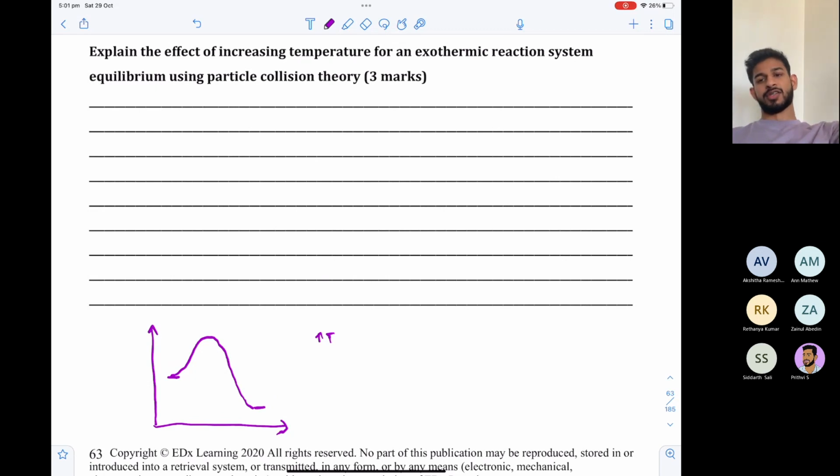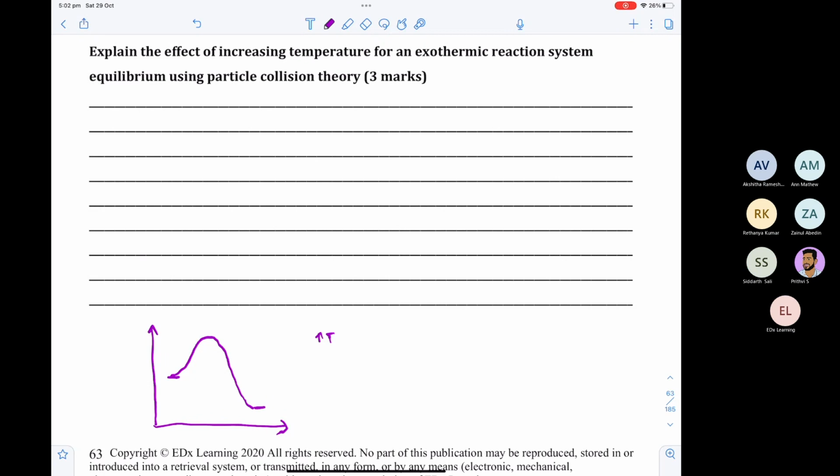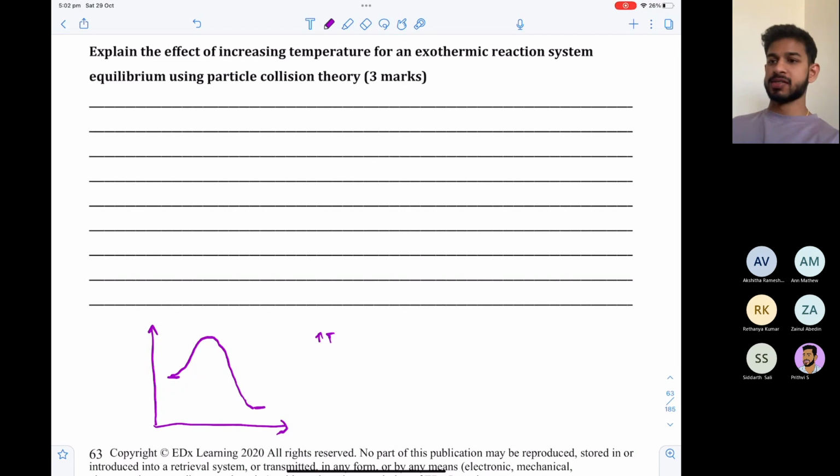Hit the raise hand icon once you've got a bit of an explanation or any idea. All right, so I understand it would be a bit confusing, so let's go through it together.